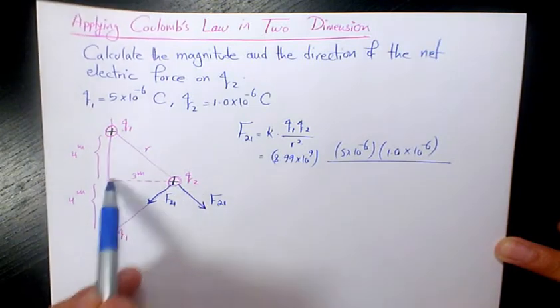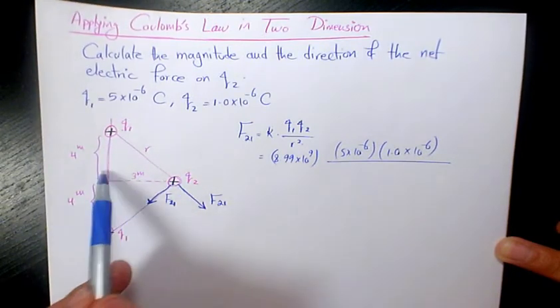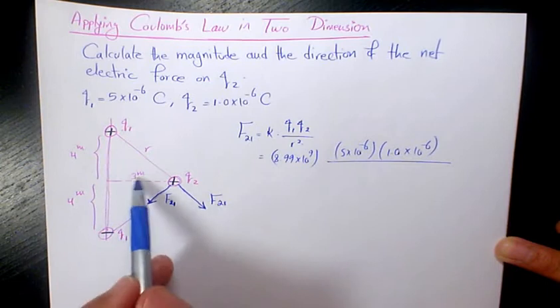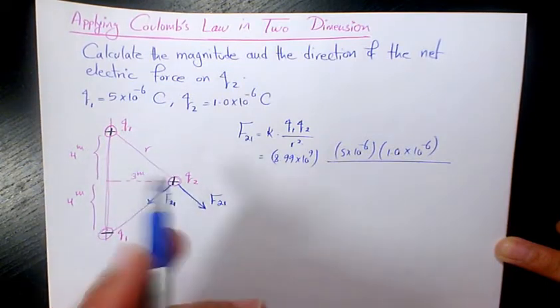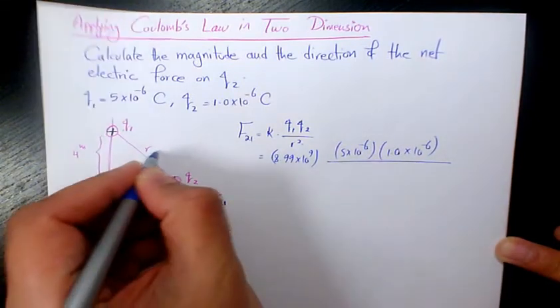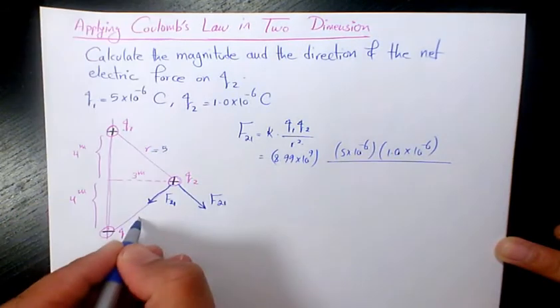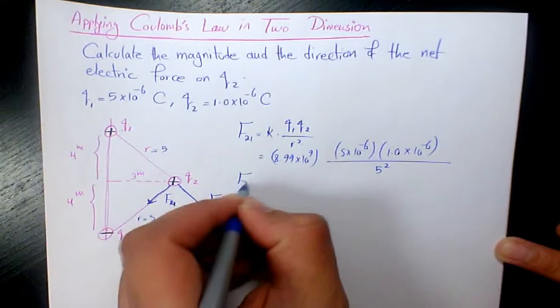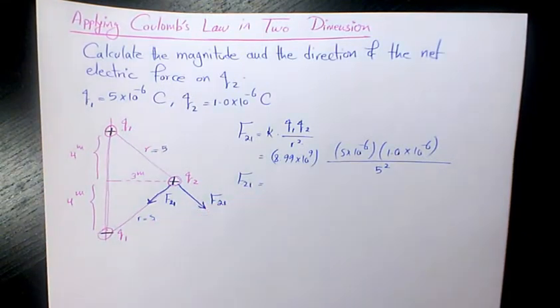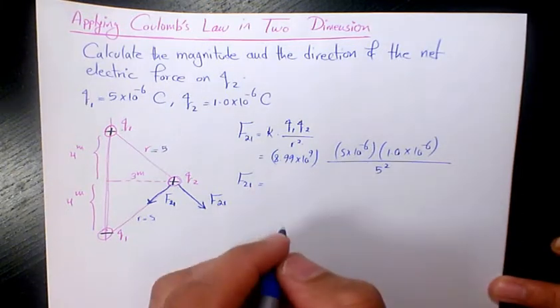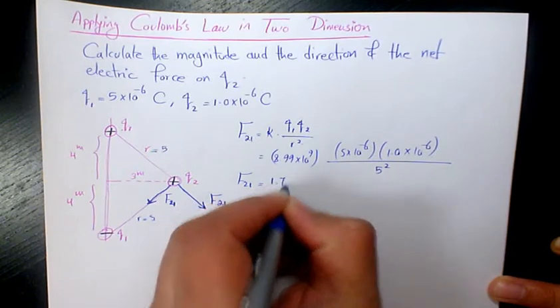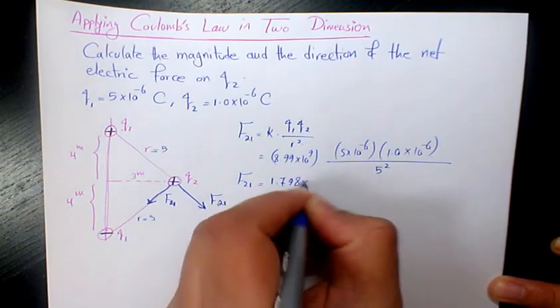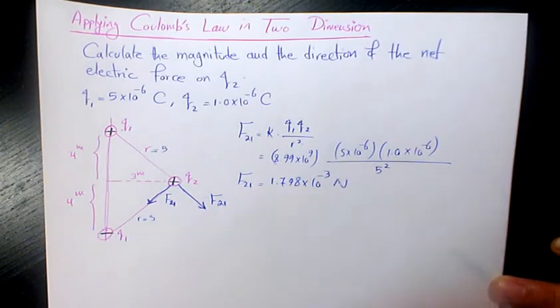Distance here, due to the Pythagorean theorem, I can say 3 squared plus 4 squared. 9 plus 16 is going to be 25. Square root of 25 is going to be 5. So R is 5, and same thing here. So it's going to be 5 squared. So F will be 1.798 times 10 to the power of negative 3 Newton.